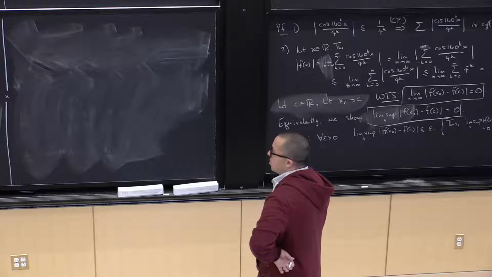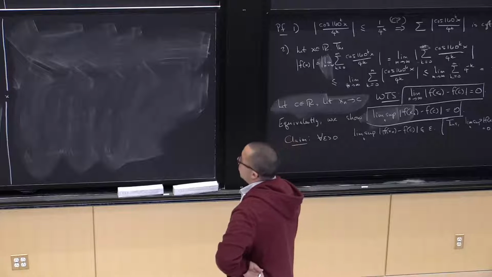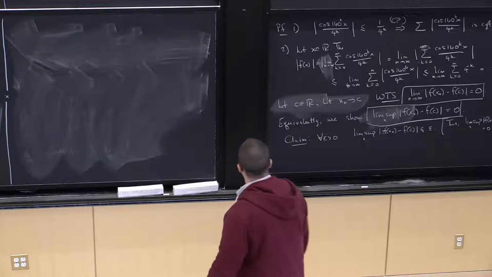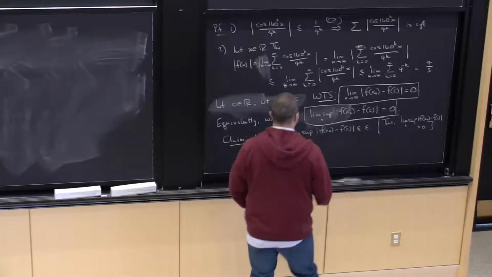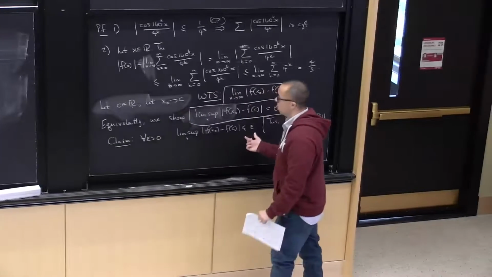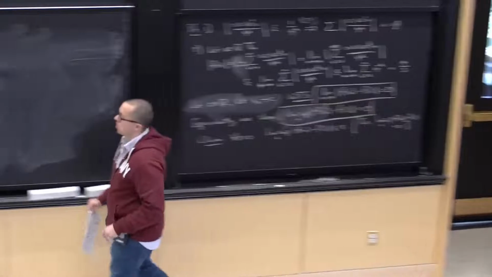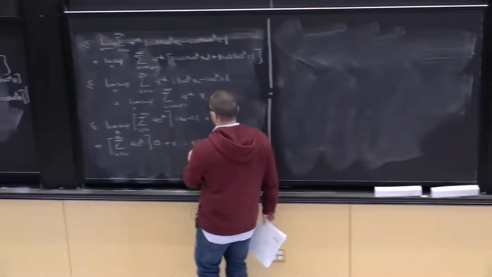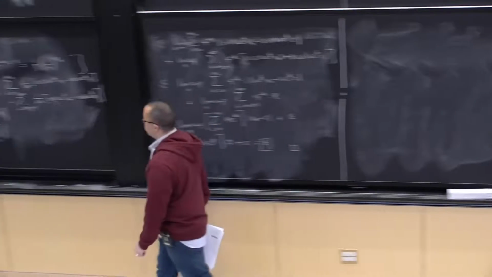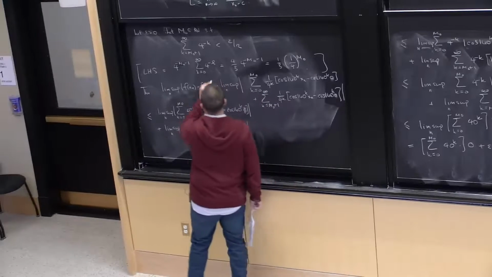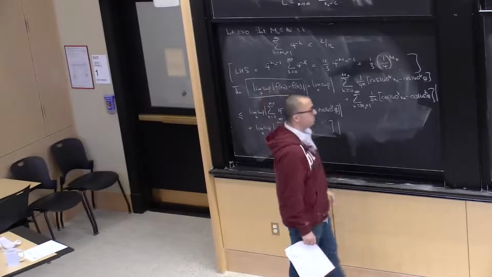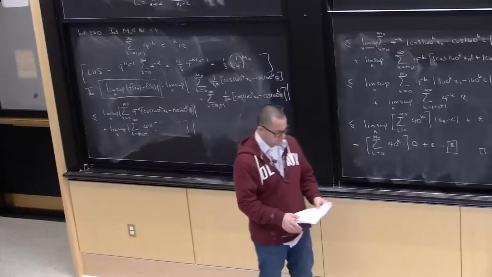The estimates are not all that tricky once you have them in front of you. Okay, so we've shown that for all epsilon, this lim sup is less than or equal to epsilon because remember, we ended with epsilon here, but we started off estimating this lim sup here. Okay?